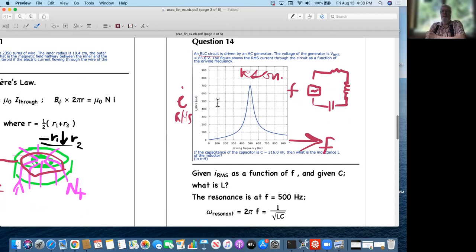What's the resonant frequency? What's the root mean square current at resonance? So here's the resonance. The resonance occurs when the driving frequency is equal to, looks like, 500 hertz.